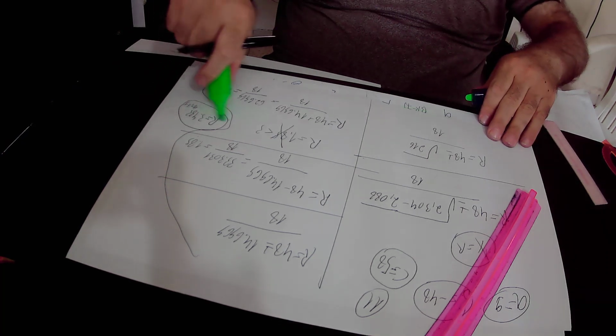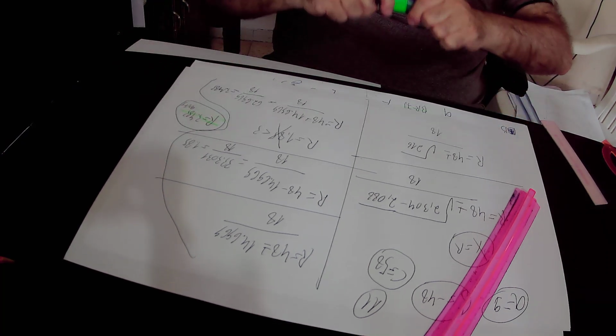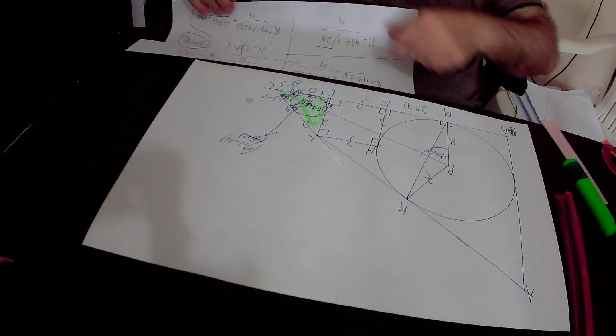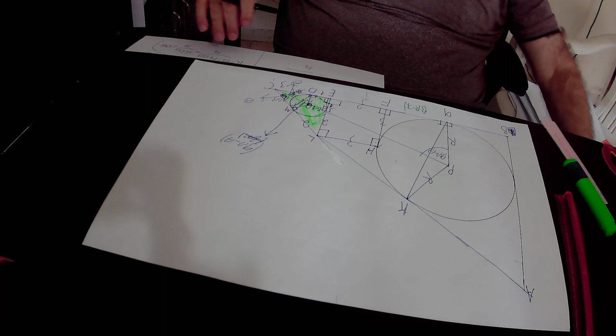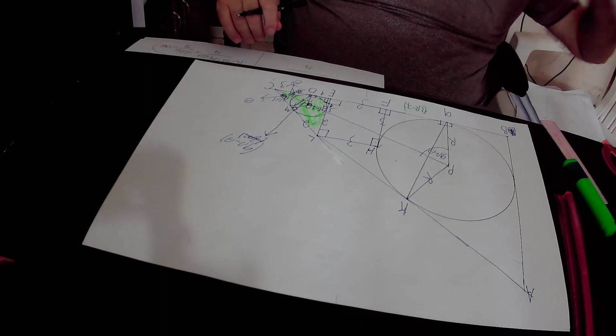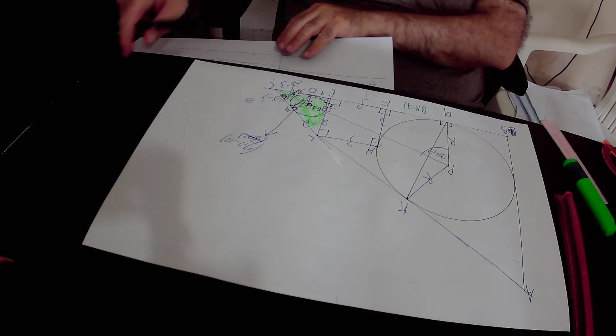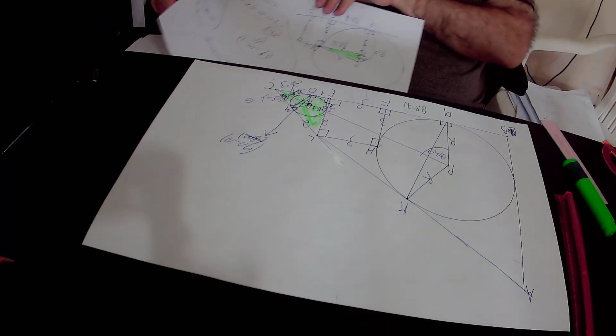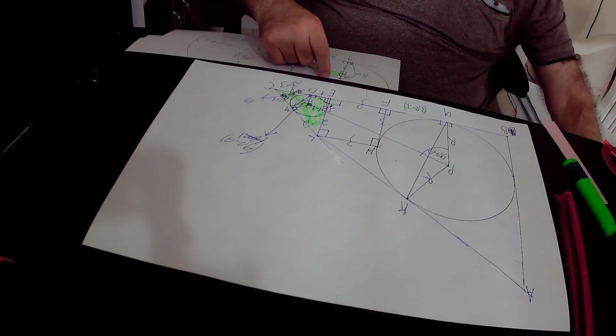Actually, in the drawing we have a big triangle. Inside the big triangle we have two circles and one square. The side length of the square is equal to 3 units, and the radius of the small circle equals 1 unit.